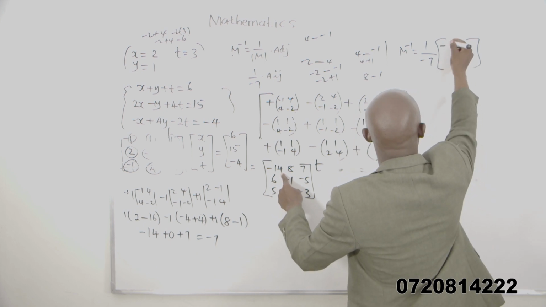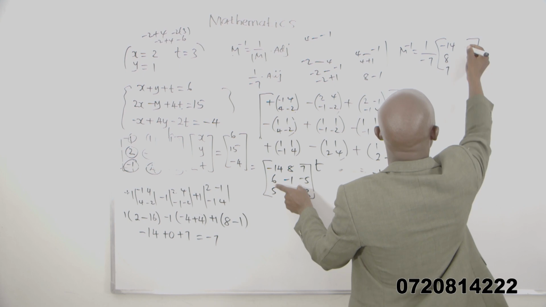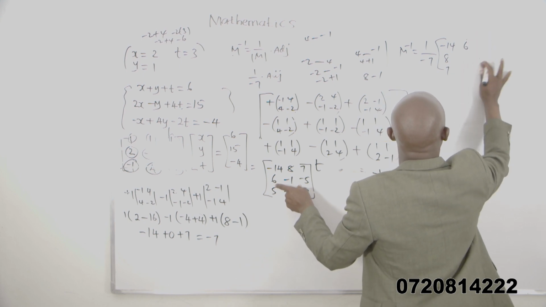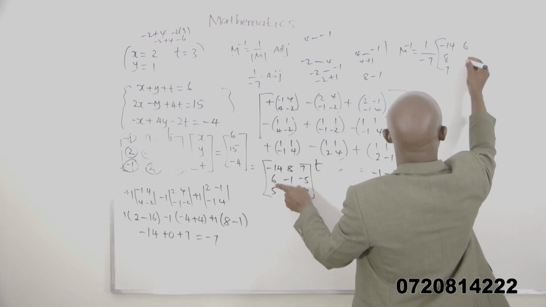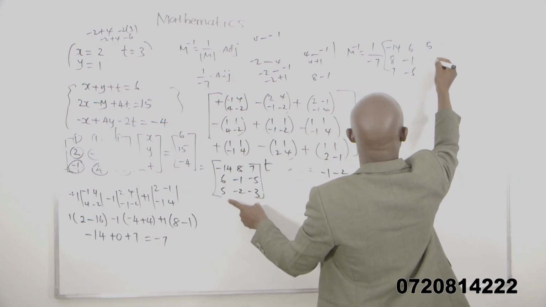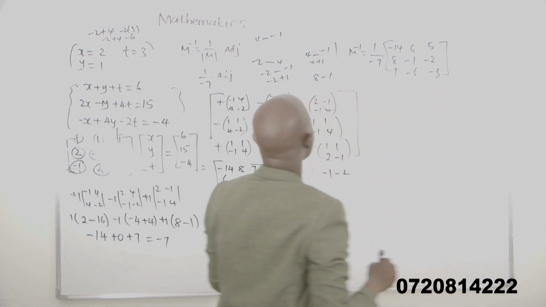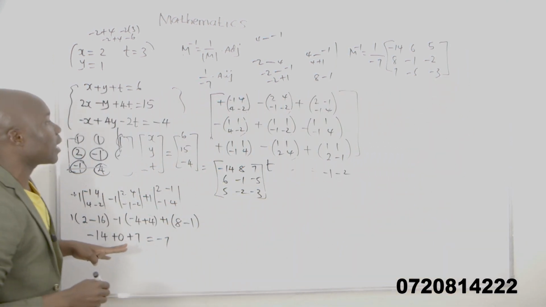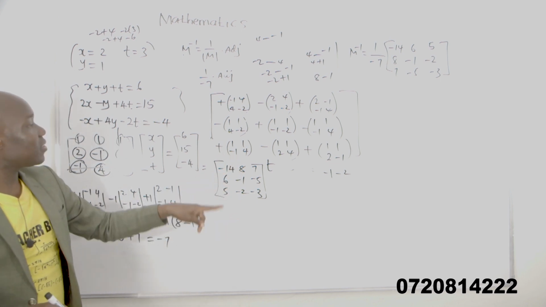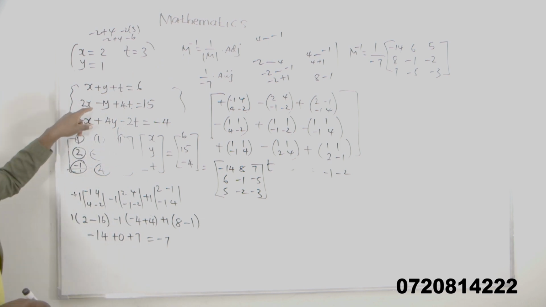So we are going to put negative 14, 8, 7, 6, negative 1, negative 5, then 5, negative 2, negative 3. Now this is the inverse, because we've taken 1 over the determinant times its transpose, and the transpose of a cofactor matrix is the adjoint of a 3 by 3.